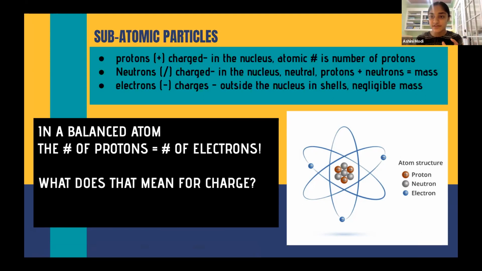If you have an equal number of positive charges and an equal number of negative charges, what does that mean for the overall charge of the atom? They cancel each other out, right? If you have an equal number of positive, equal number of negative, that's zero. It doesn't have a charge anymore. So in a balanced atom, it actually doesn't have any charge.